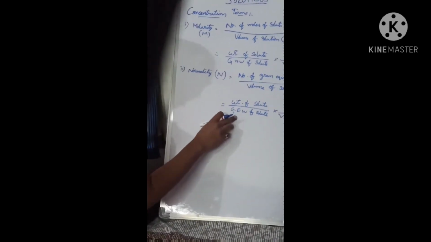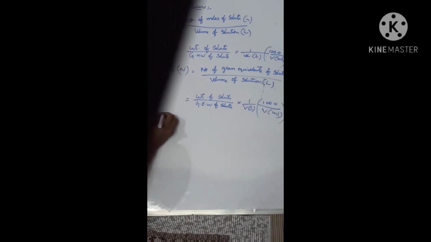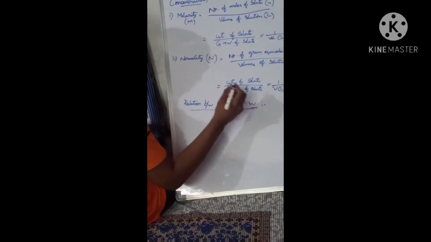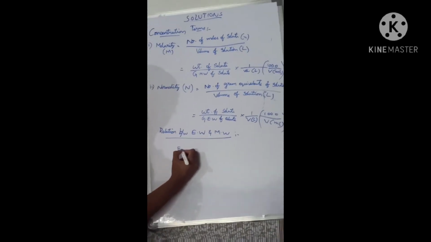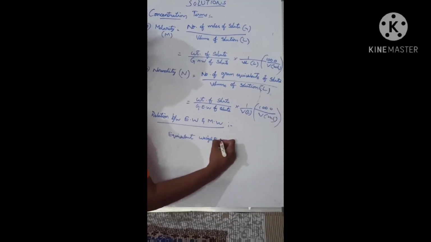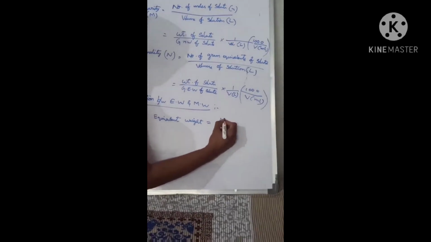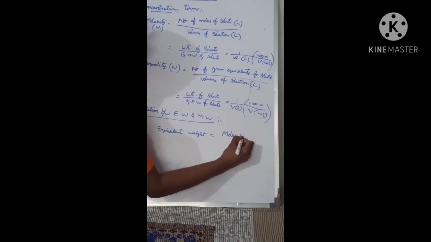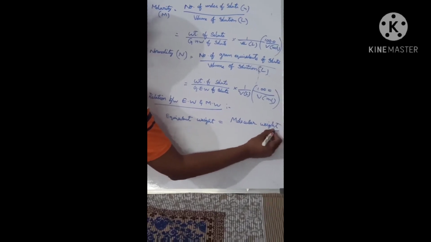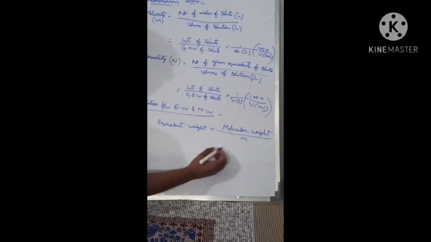What is the relationship between equivalent weight and molecular weight? Equivalent weight is equal to molecular weight by n factor.